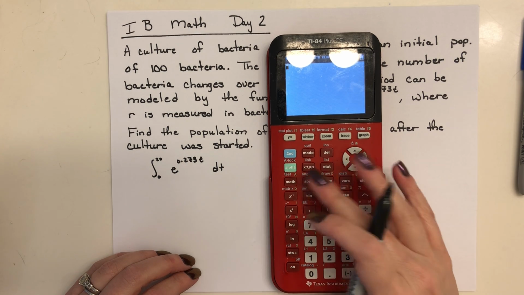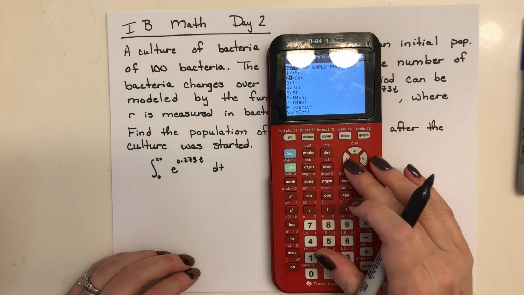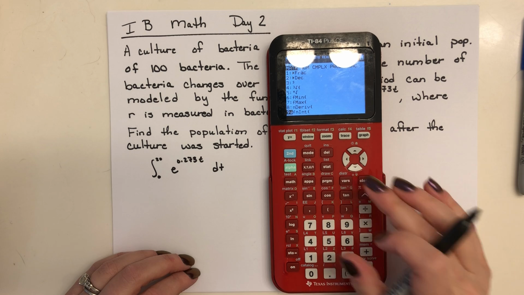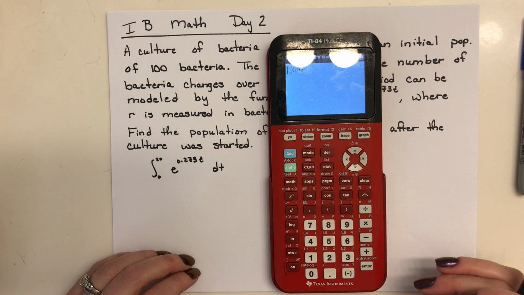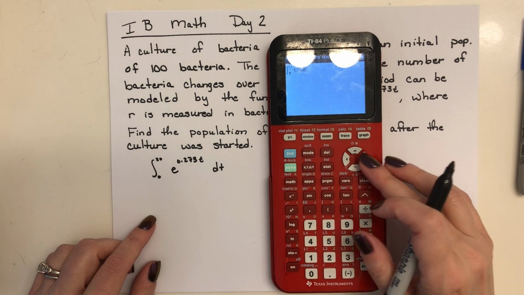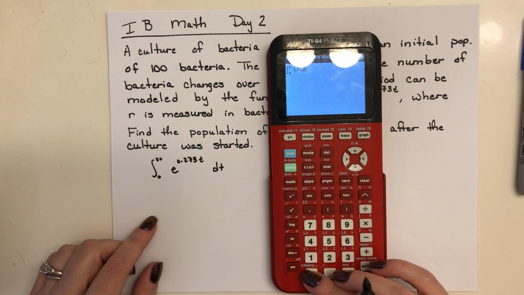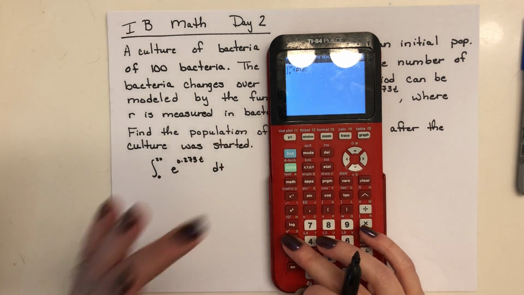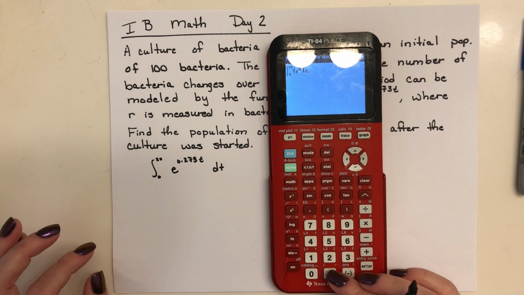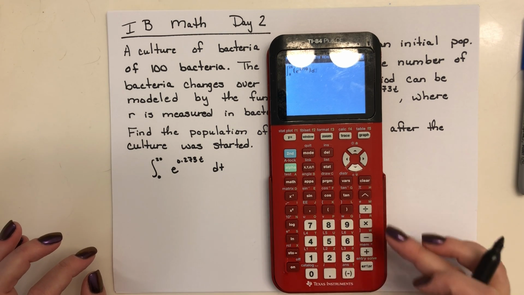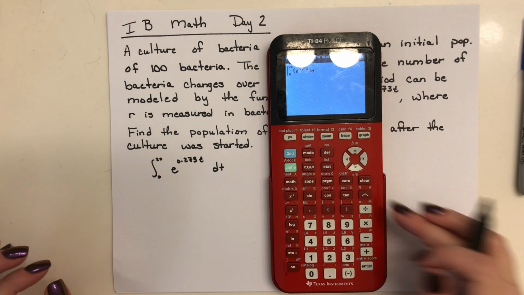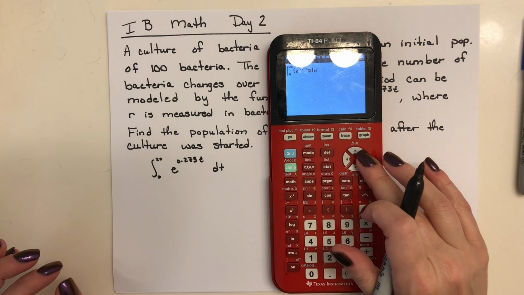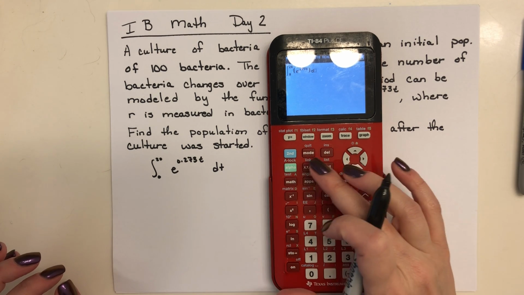With your calculator, you're going to go into math and go down to finite integration. When you're down there, you type in 0 and 20, move your arrow to the right, then do second, e to the x, 0.273. We don't have a t button, so we'll just use x instead, dx.